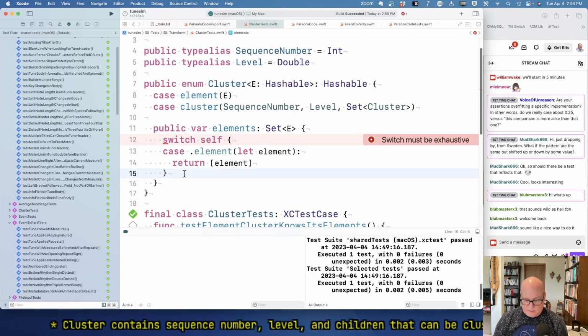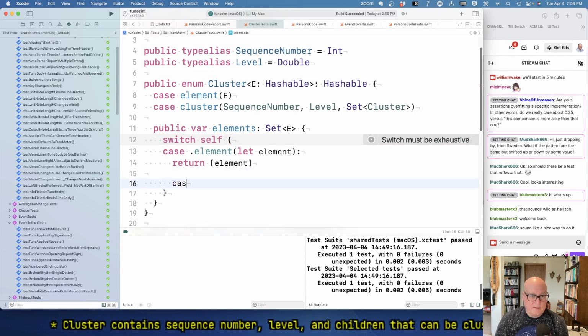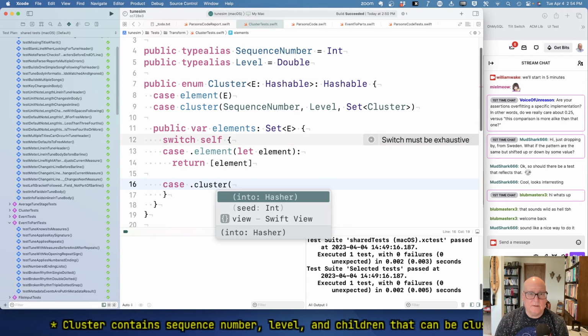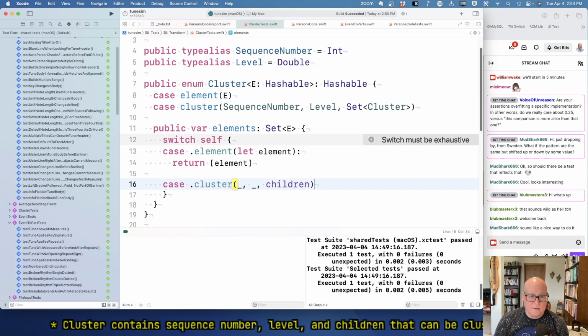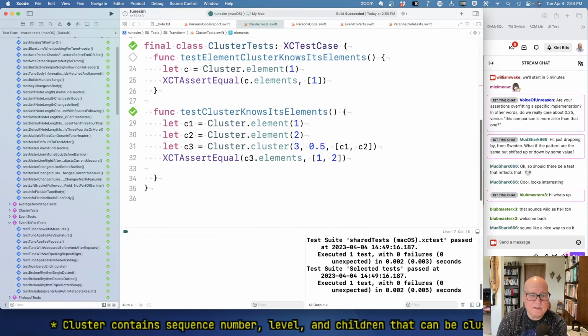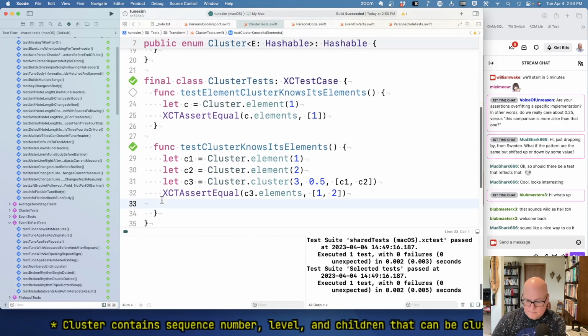Now we need the switch. Case cluster. Ignore sequence number, ignore level, and let's do children. Let children. And we're going to return nothing for now, just to get syntax okay. Now, you didn't pass. What's going on?